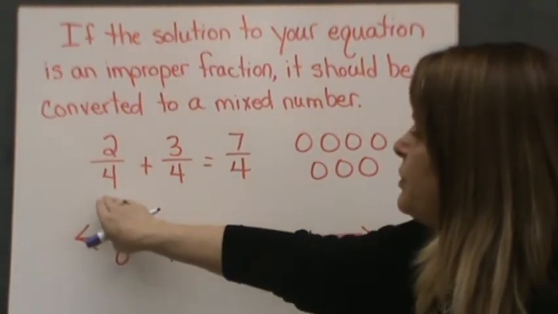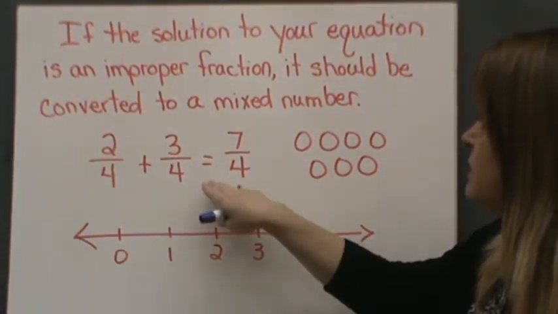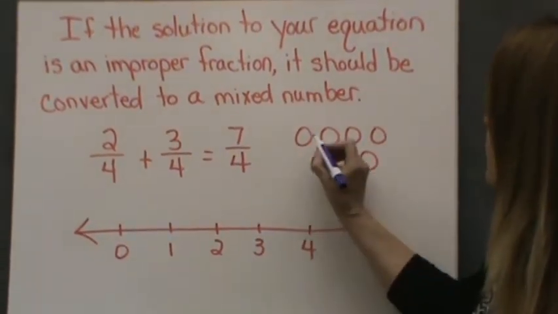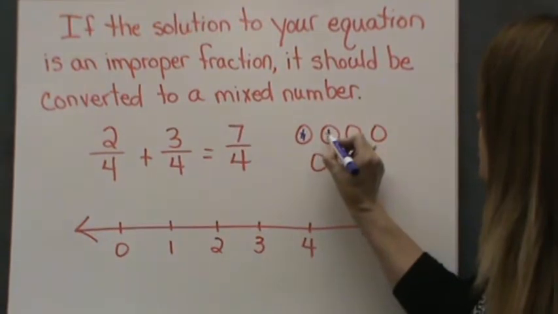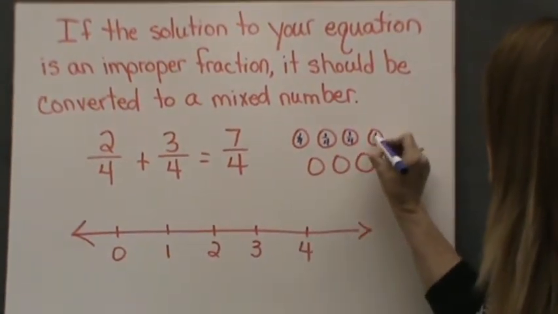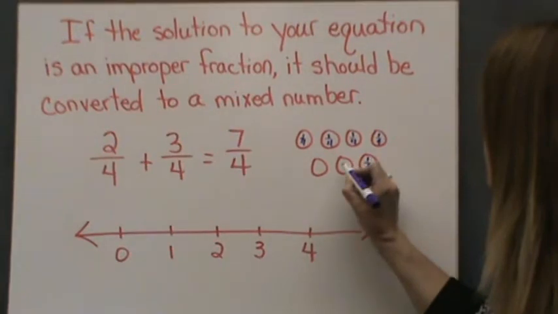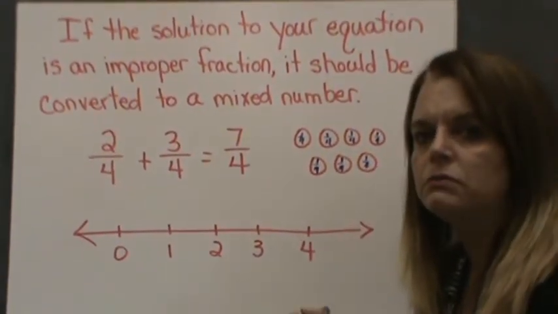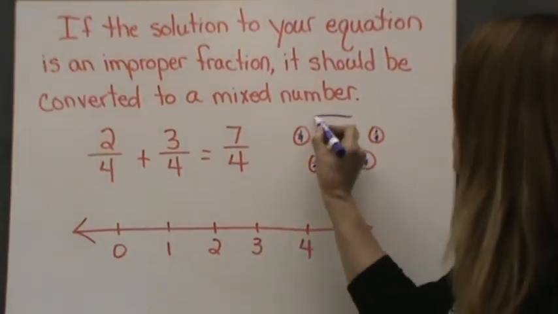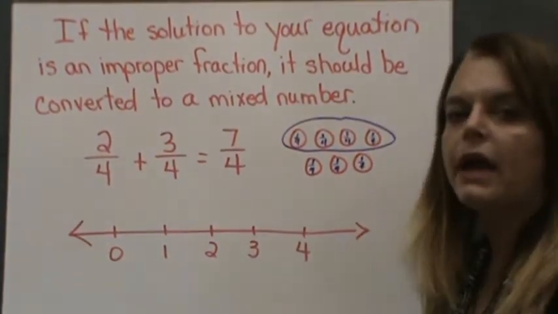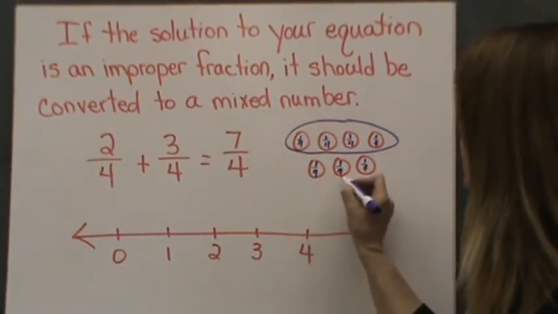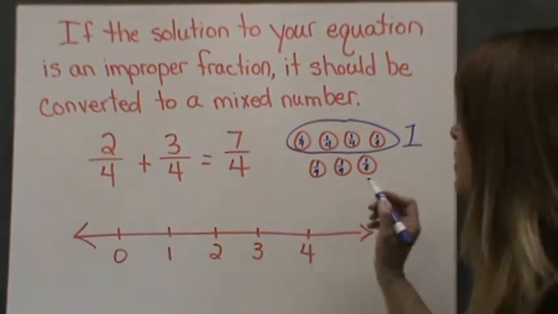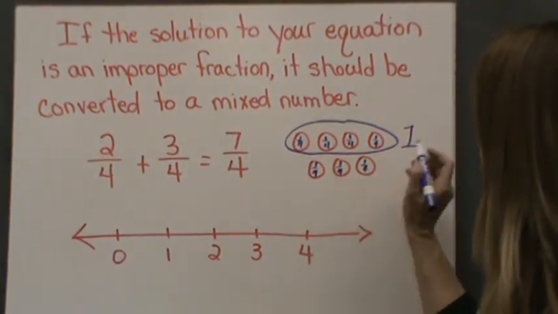So here I have 4/4 plus 3/4 is 7/4. Well, here I have 7/4 again. So if each of these circles is 1/4, how many of those does it take to make a whole? Well, it takes 4 of them. So I could circle these 4. So I know that is 1. Well, I have some things left over. How many do I have left over? 1, 2, 3.